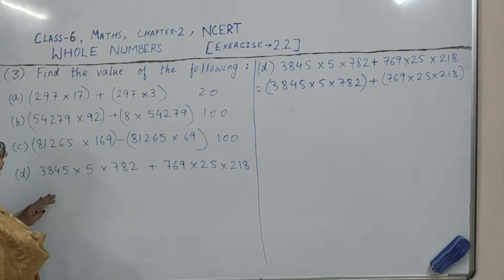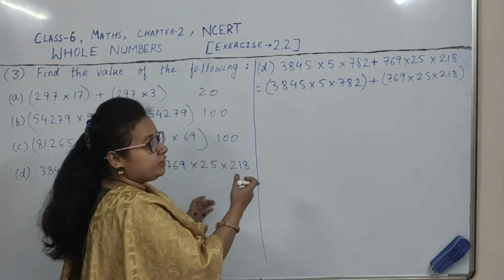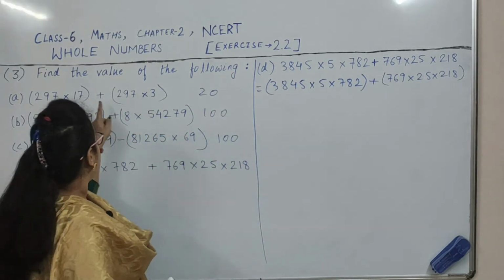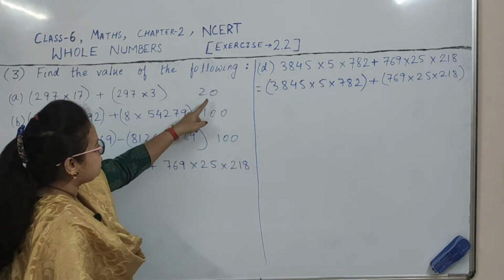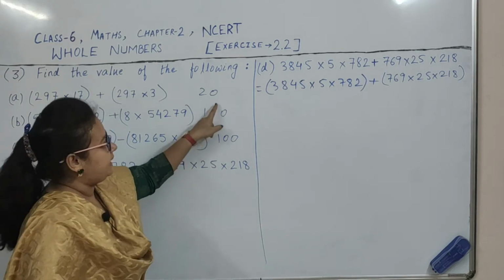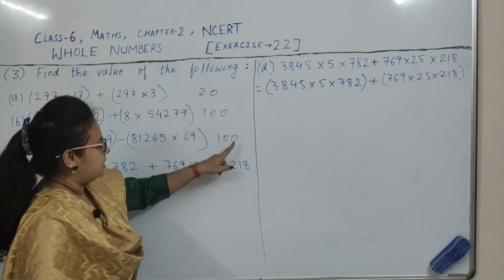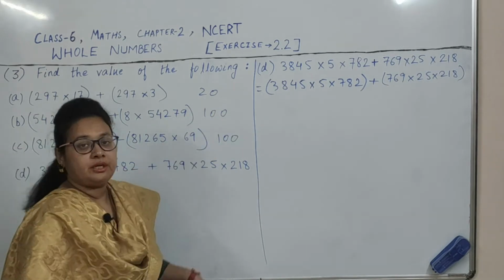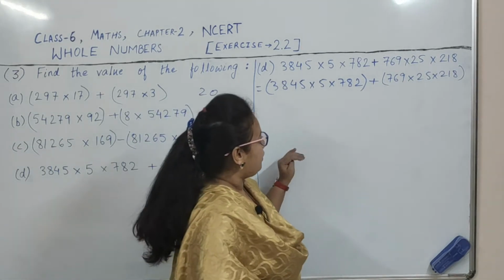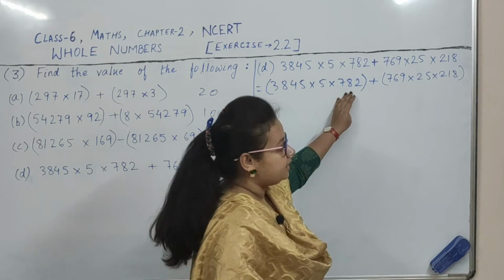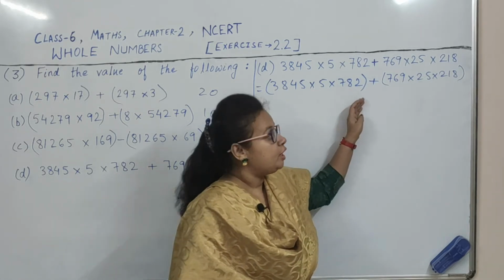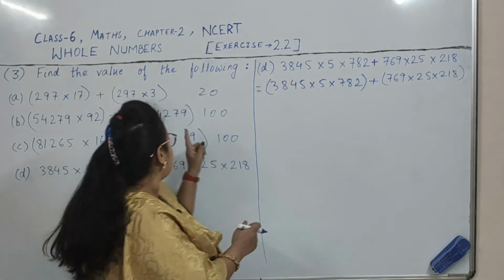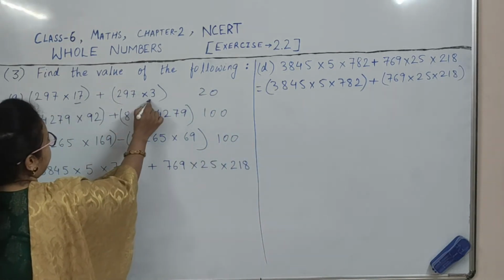In this question what should we take out common and what should remain inside the bracket, so that the number inside the bracket is like 100, 10, 20, so that the multiplication becomes easy? So we have to see which numbers should remain inside the bracket so that the sum of those two numbers is easy, like 17 and 3 was 20.